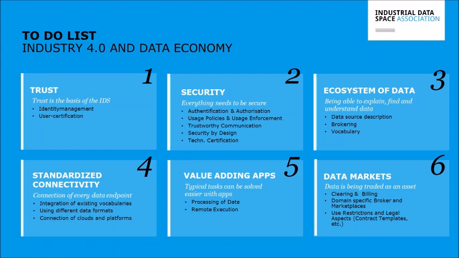Then if we are talking about linking data and creating an ecosystem of data, we have to show how data can be explained, found, and understood. So we have to talk about data source description, brokering, and vocabularies.